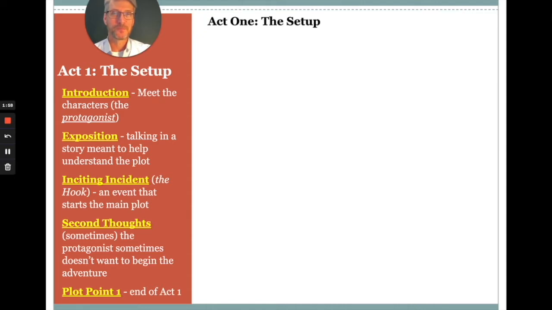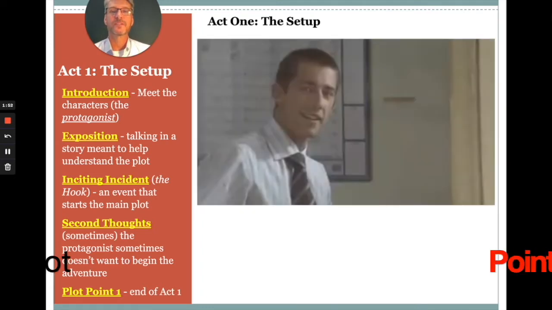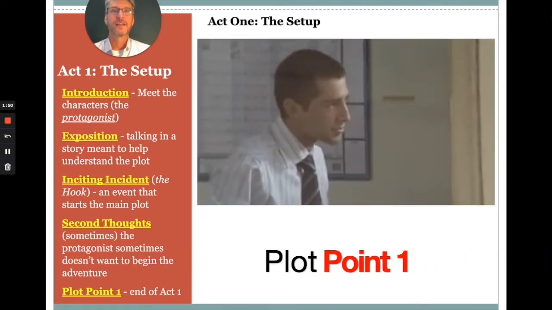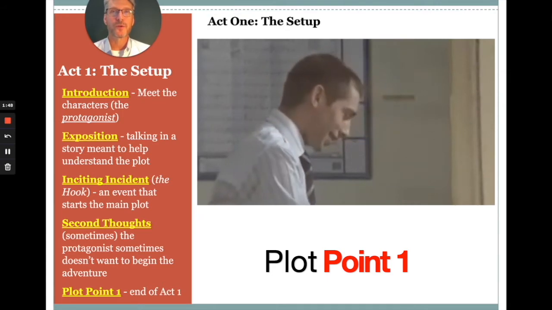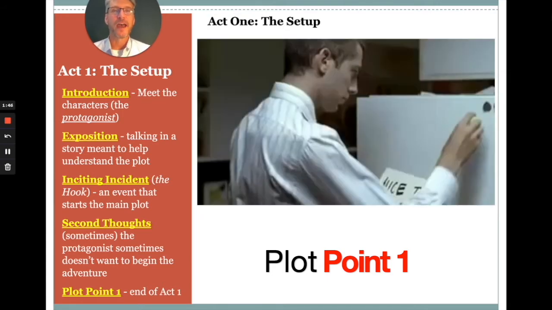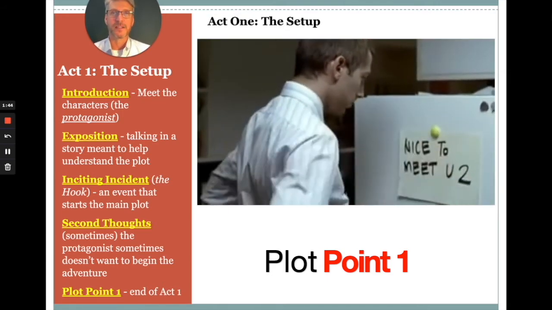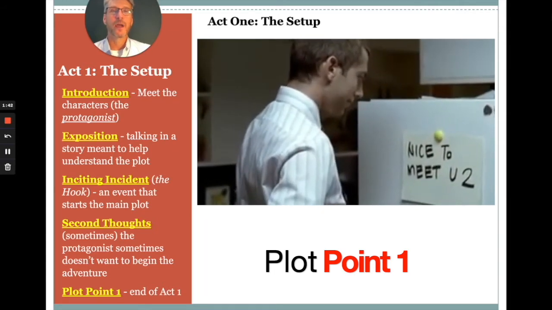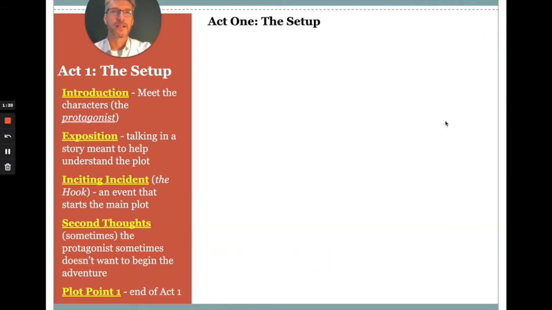All right? Okay, now as we end this beginning of the story, we almost always have some sort of plot point. Something will come up to further the story and to leave Act 1 or the setup behind. Okay, let's go ahead and take a finer look at this here.